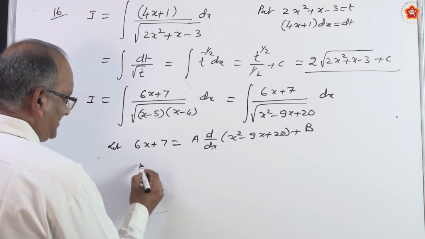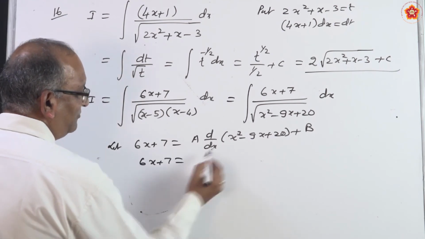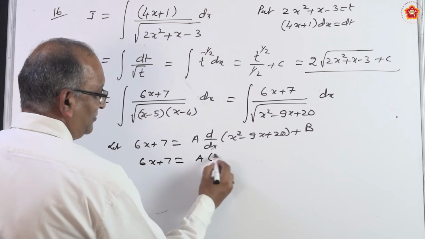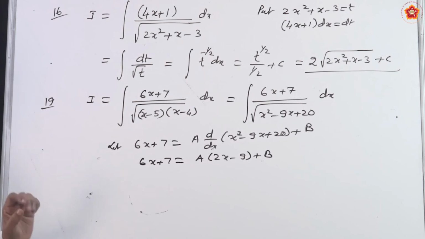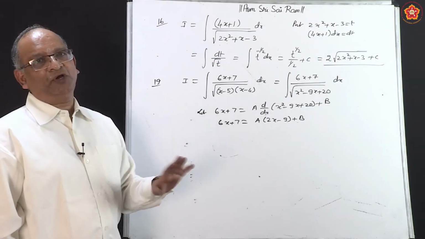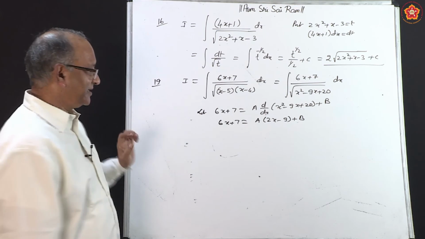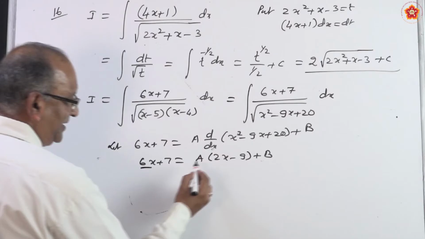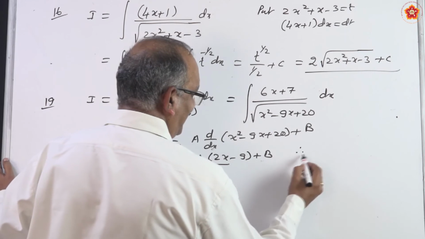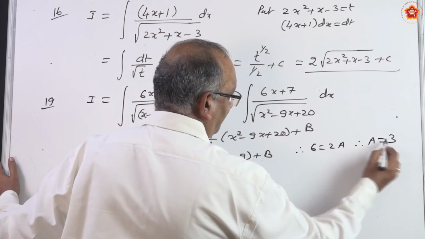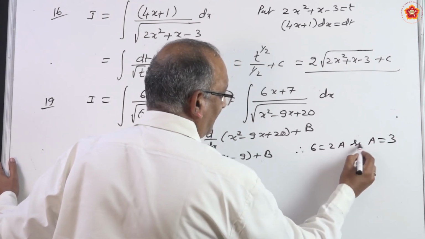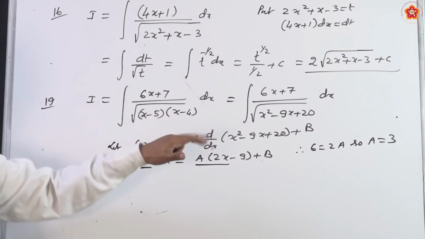So this can be written as 6x plus 7 equal to a(2x minus 9) plus b. Equate the coefficients of equal degree terms. Here we have only two terms, one with power 1 and another without power, or power 0, that is the constant. So here we have 6x, here we have 2ax. So we will say 6 is equal to 2a, a equal to 3. So the value we got is 6 by 2, which is 3.